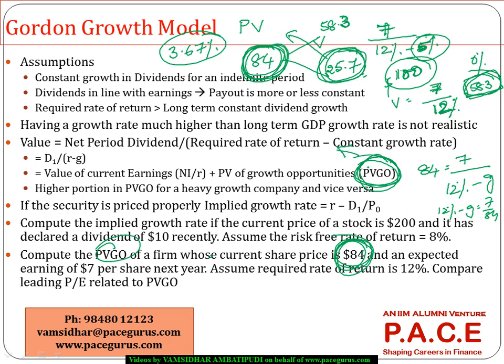And if that firm is growing quite drastically, we see that this number is quite significant in the value. But if the firm is growing at a much slower rate, here only 3.67%, versus, let's say, 8% or 10% in the long term, then the contribution of the present value of the growth opportunities is much higher.